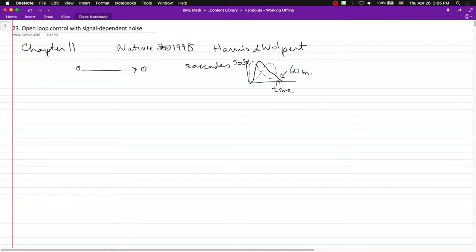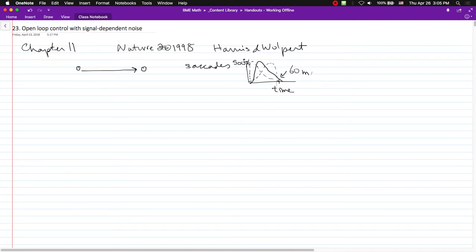So we're going to set up the equation so we have noise, and that noise is going to cause variability. And then we're going to solve the equation and find the commands that you need to get you to the goal with the constraint that you're going to have as little noise, little variability once you get there as possible.